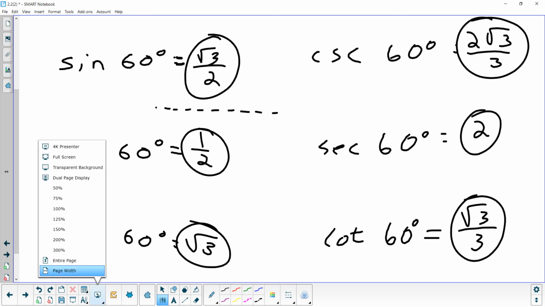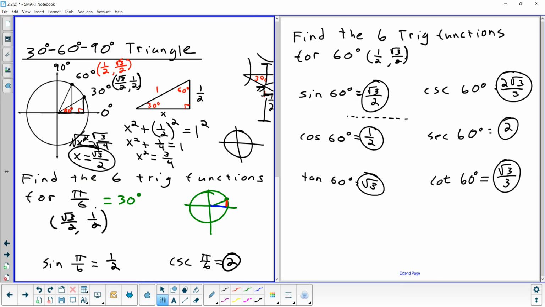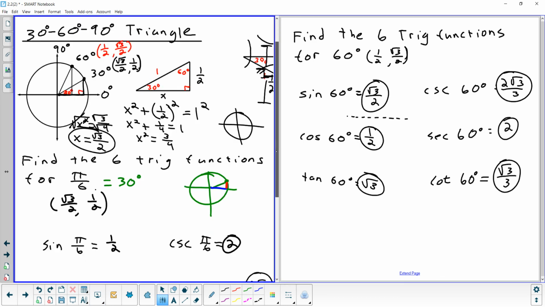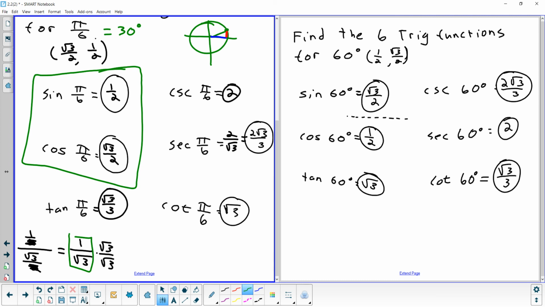Now, compare that to the 30. Does anybody see a spot where 2 answers switched places? Anybody see 2 functions where the answers switched? Yes? Sine, cosine. Yep, these 2 switched. And then the ones right next to them.